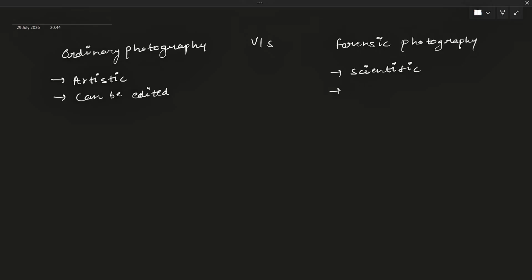On the other hand, in forensic photography editing is not permitted. On the original document, no editing should be permitted. Ordinary photography is for personal use, and here it is for investigation and legal purpose.